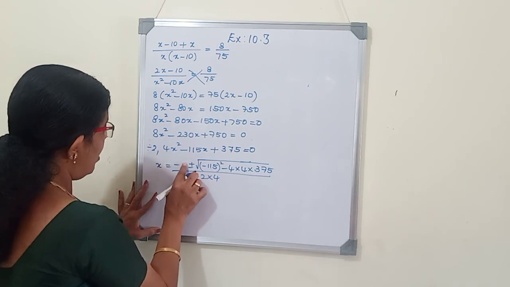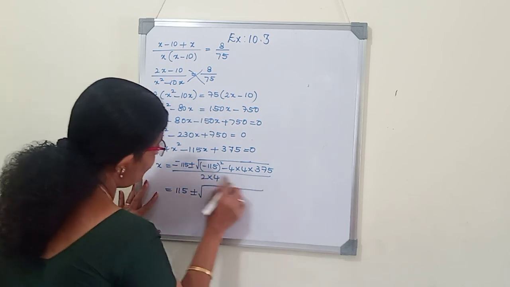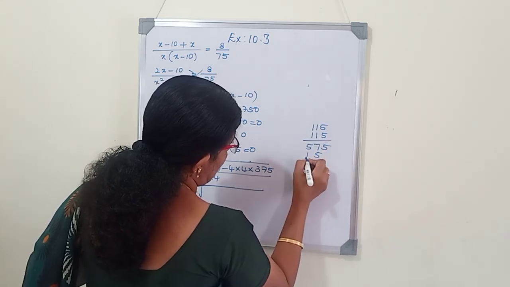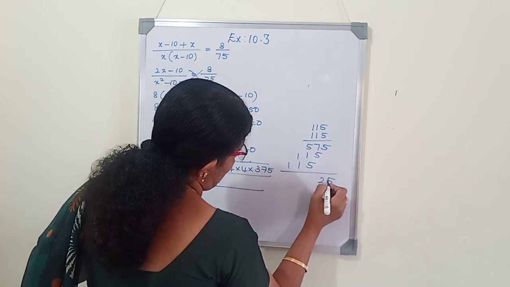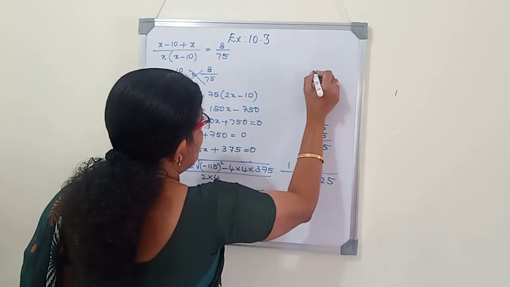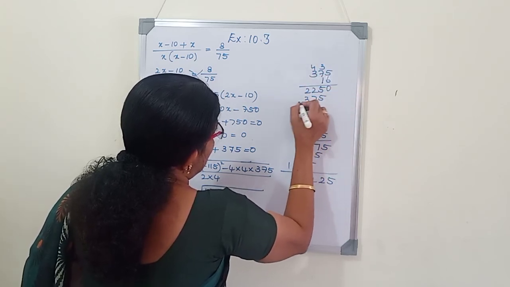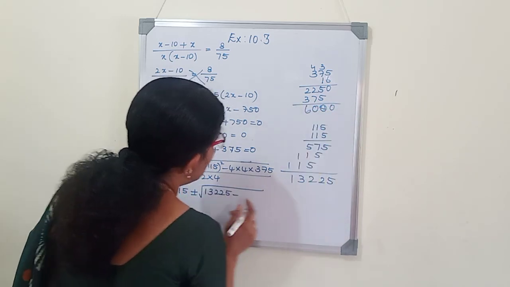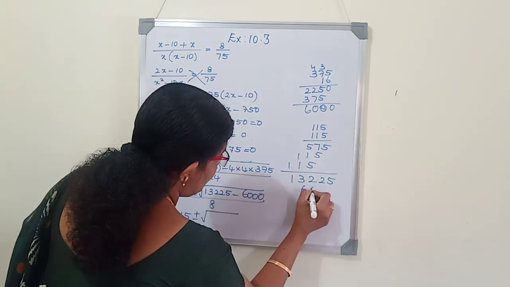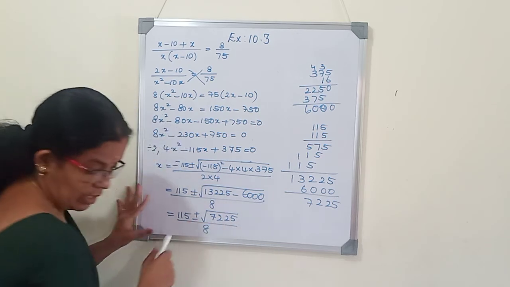So minus b is 115. We will multiply: 115 square is 13225, minus 375 into 16, which is 6000, divided by 8. Now we subtract: 115 plus or minus square root of 7225, divided by 8.